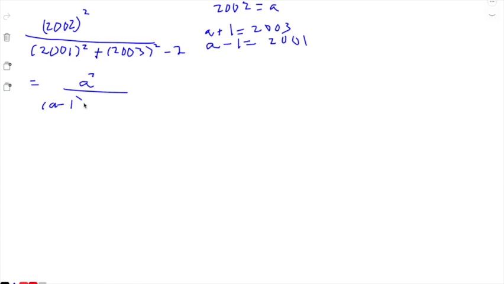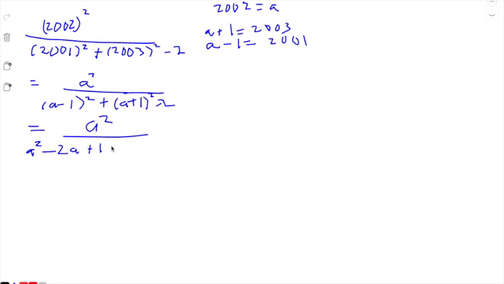So let's just do a squared over (a minus 1) squared plus (a plus 1) squared minus 2. Using our multiplication of polynomials, we can expand those in the denominator pretty fast. a squared minus 2a plus, because negative times negative is positive, 1, plus a squared plus 2a plus 1 minus 2.